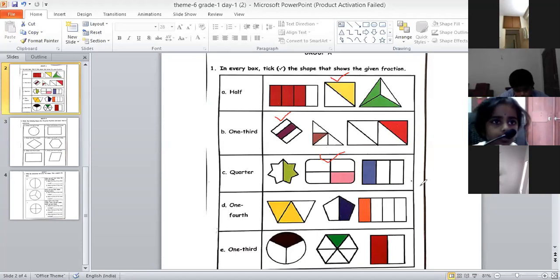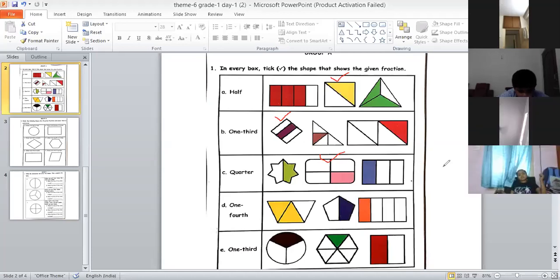So this shape is representing which fraction? 1/3, ma'am. Very good, Tanvishree. Children, this last option in bit C is representing 1/3 because out of 3 parts, only 1 is shaded. So this option is wrong here.